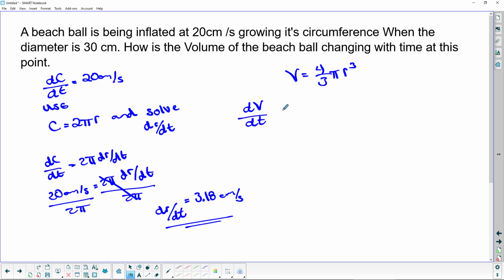Okay, dV/dt. Okay, taking that derivative, 4 thirds pi times 3r squared, okay, for that r derivative times dr/dt.